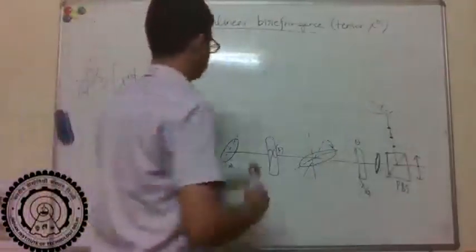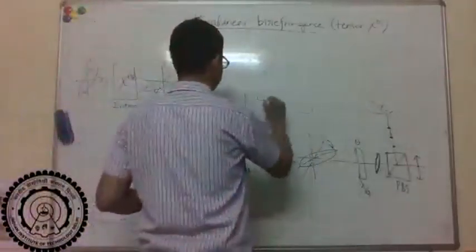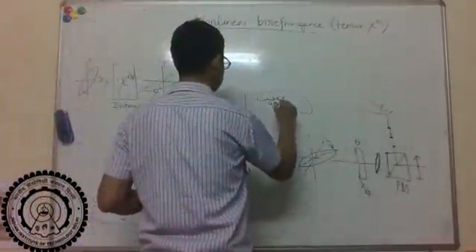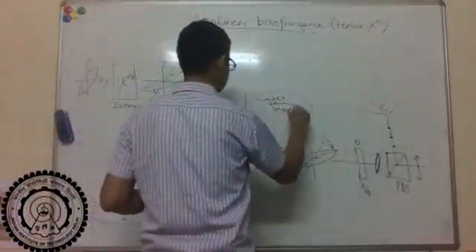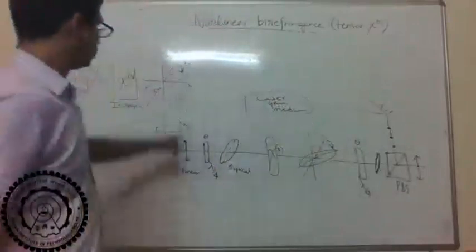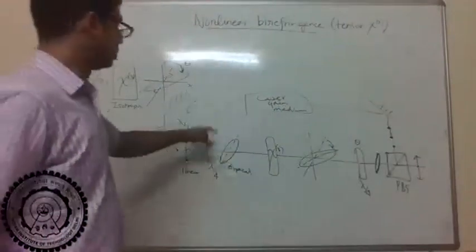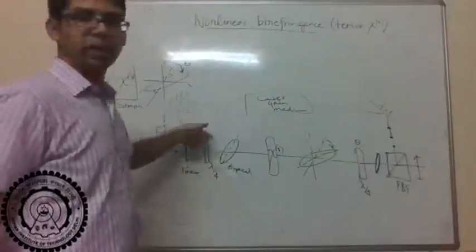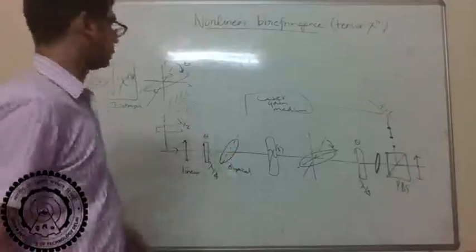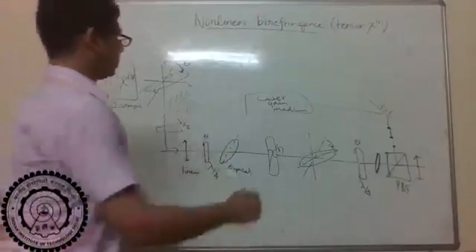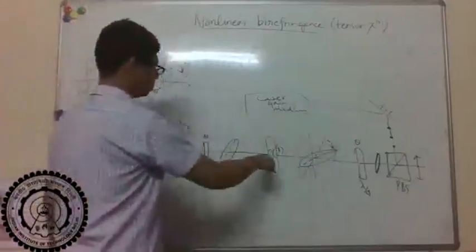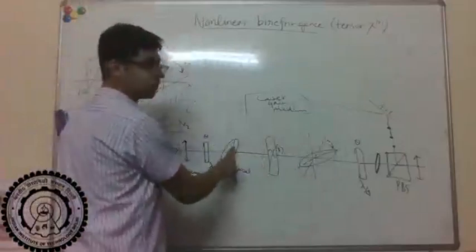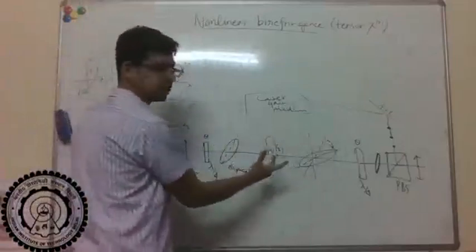And let's say here you have some laser gain medium. Again, what this will do is force the cavity to operate in a high intensity or mode locked region. So if the intensity is low, there is no ellipse rotation. This sort of behaves like a linear medium.